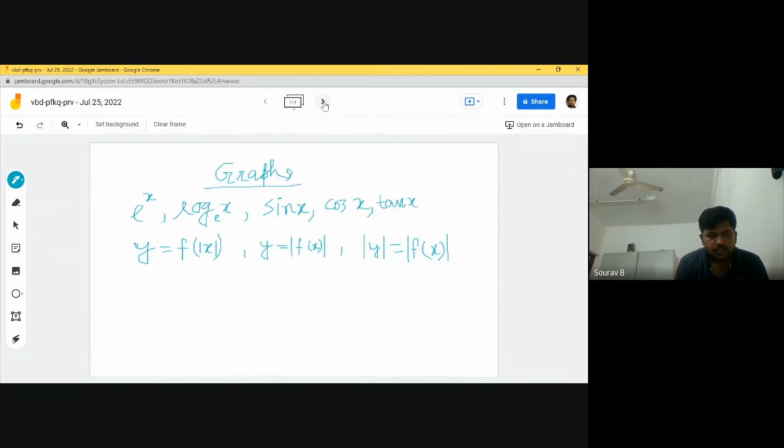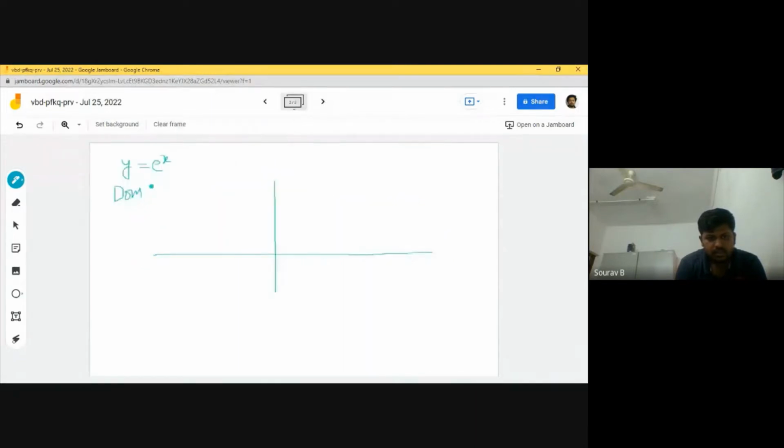As we know, e to the power x is a continuously increasing function, monotonically increasing throughout its domain. The domain is minus infinity to infinity.